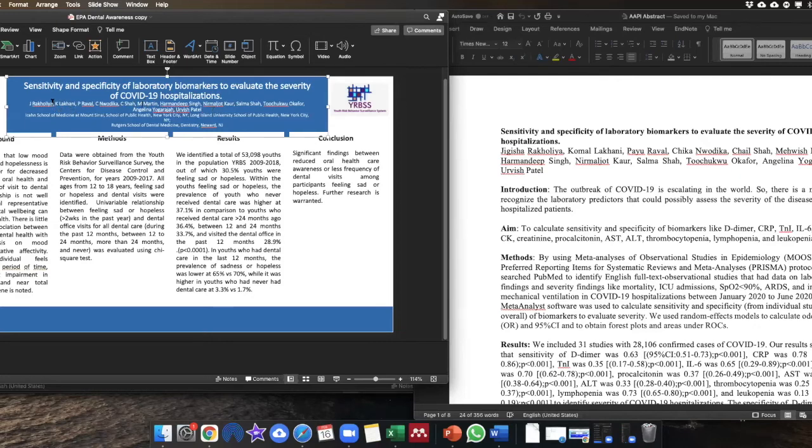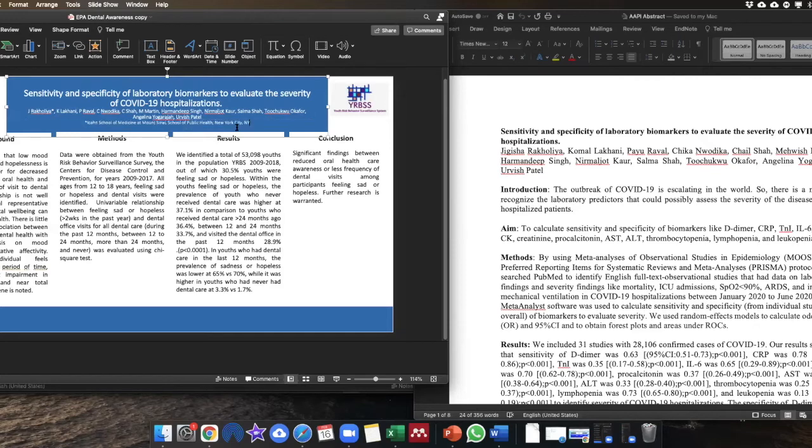Now you are going to put the star on whoever is presenting, and you are going to put only one star here, and only the affiliation of that particular author. You don't need to put everyone's affiliation. Presenting author's affiliation.